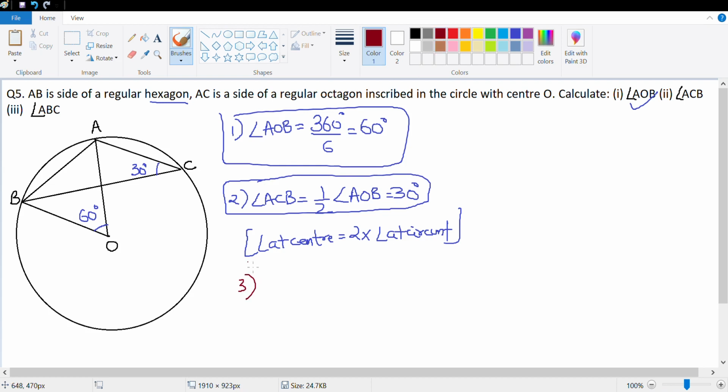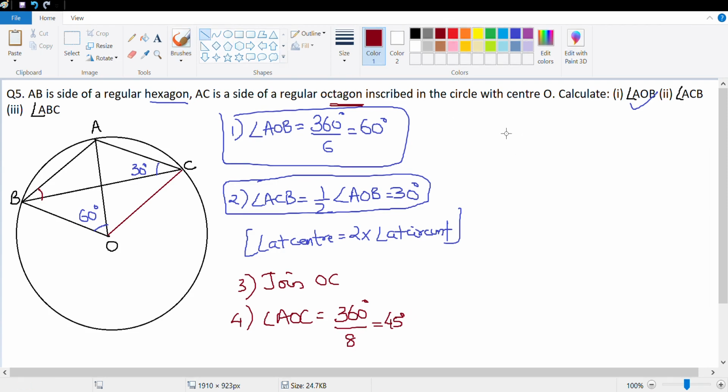Let's look at the third part. The third part is angle ABC. So I need to find this angle. Angle ABC would be half of angle AOC. So let's join O and C. Next, angle AOC would be 360 degree upon 8, since it's an 8-sided octagon. So this angle is equal to 45 degree.